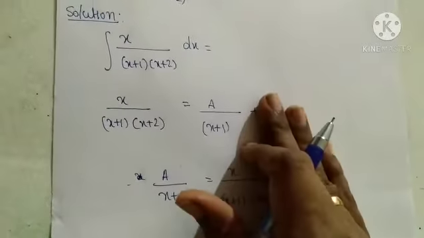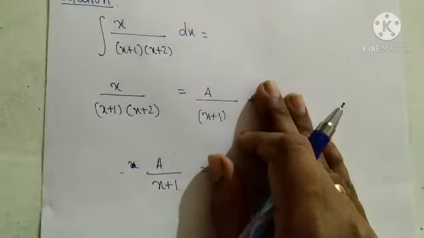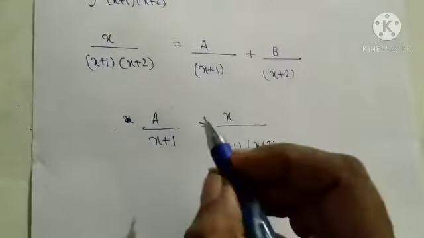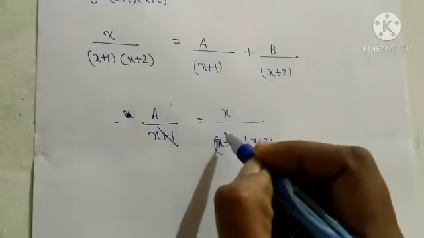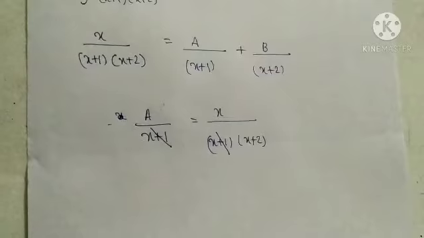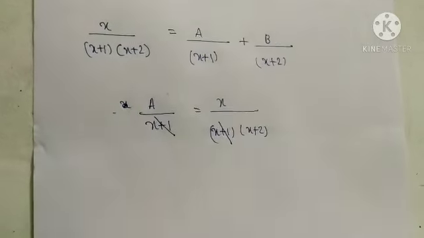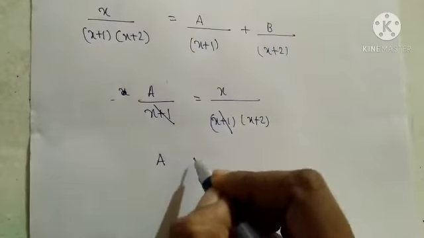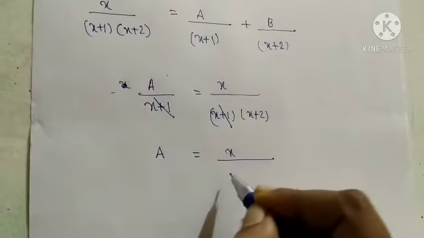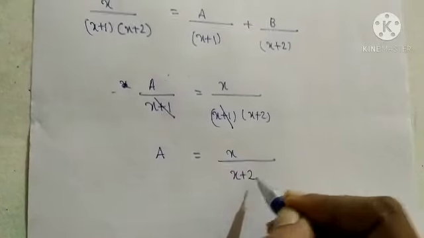So just removing this b part. Okay. And here both terms contain x plus 1, so cancel it. So here we get a equal to x divided by (x plus 2).